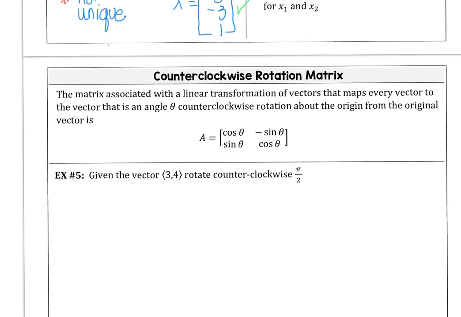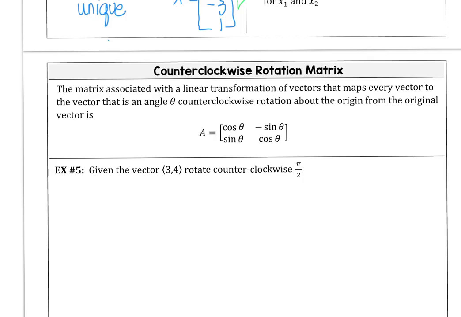For this last example, we want to look at how we can use a matrix to cause a clockwise or a counterclockwise rotation using some trig properties.